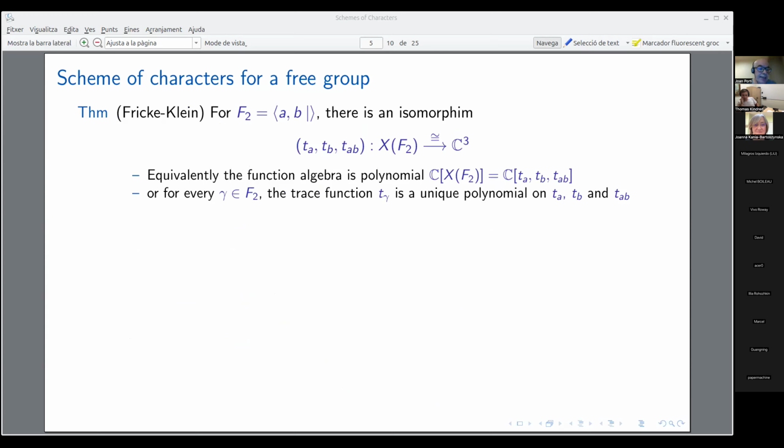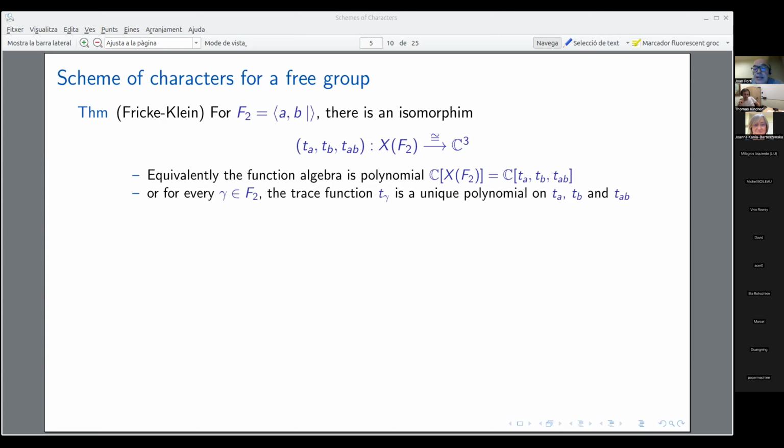Let me start with a classical example, which is due to Fricke and Klein. It's about 100 years old. Let me start with the free group on two generators, A and B. What Fricke and Klein prove is that the scheme of characters for the free group is isomorphic to C^3. So it's the affine variety, or the affine scheme, and the coordinates are the trace of A, the trace of B, and the trace of the product AB.